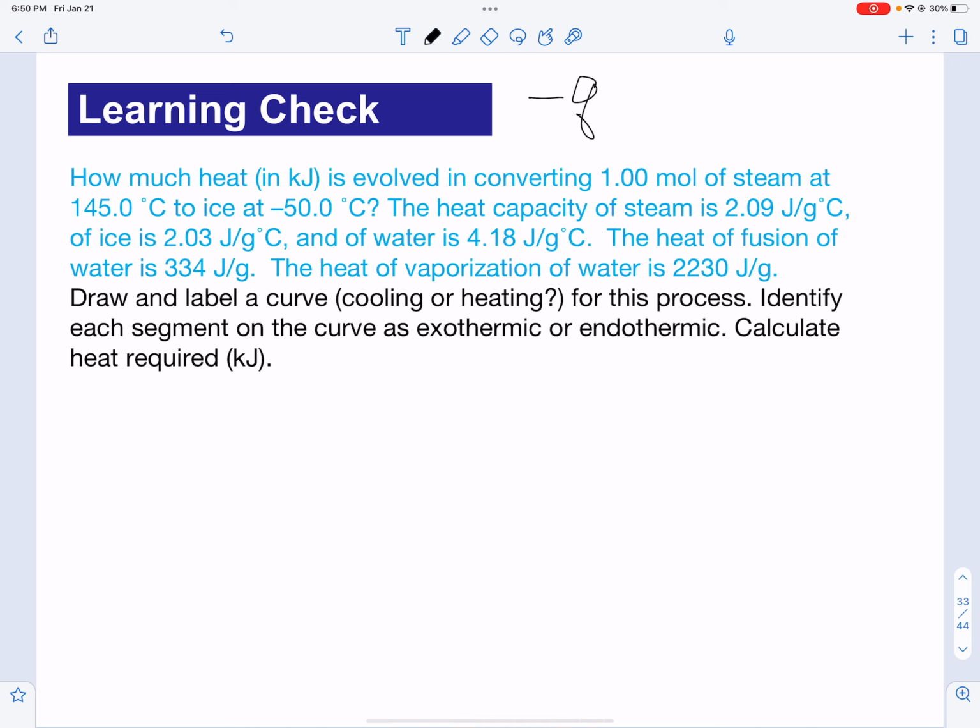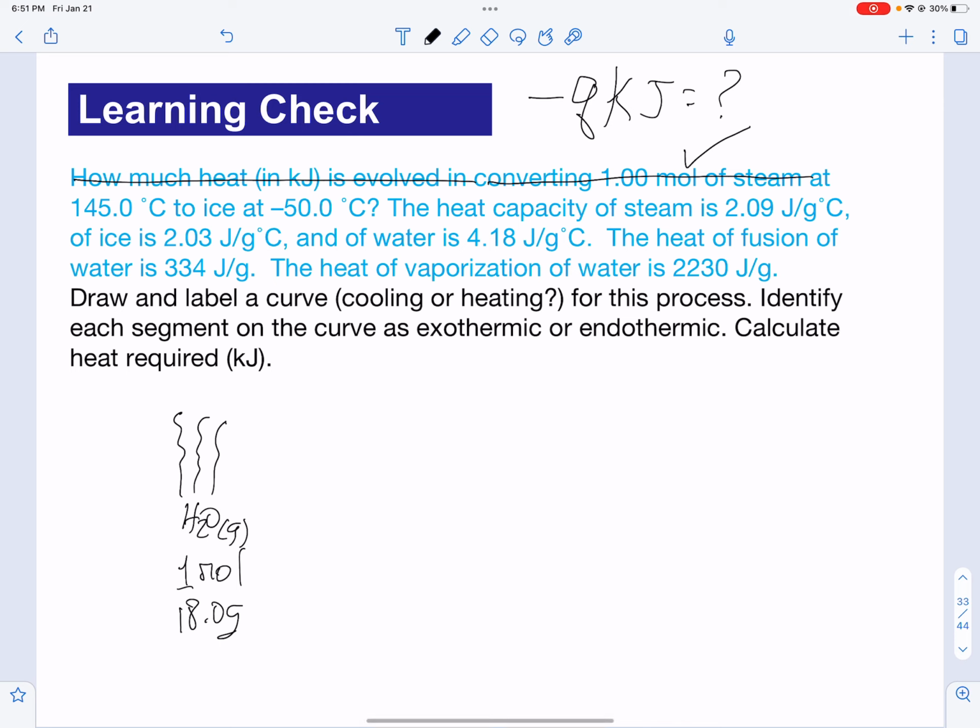So we know we're going to find minus Q, heat that is being released, in converting 1 mole of steam. Steam is water in a gas state, and you have 1 mole, which is the same as 18.0 grams. So evolved, and we want it in kilojoules. So that's what we're looking for.